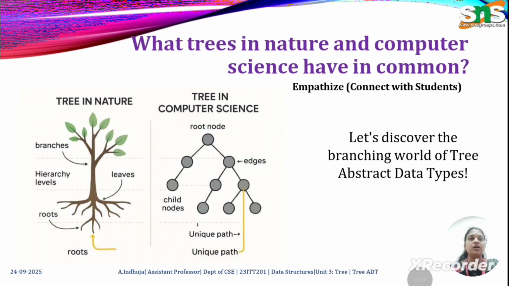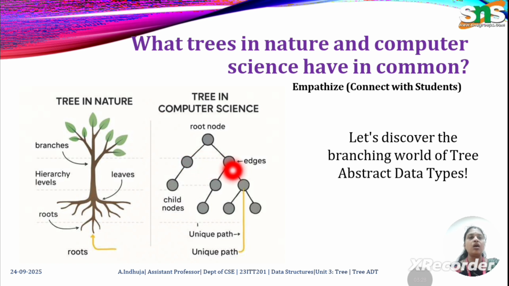So what is a tree? In real time, we have all seen a tree. What are the components your tree will have? Your tree will have a root, branches and leaves. In the same way, in computer science we have a root node, and the root node is followed by further nodes, which can be a child node or a parent node. The parent nodes are the nodes which have child nodes.